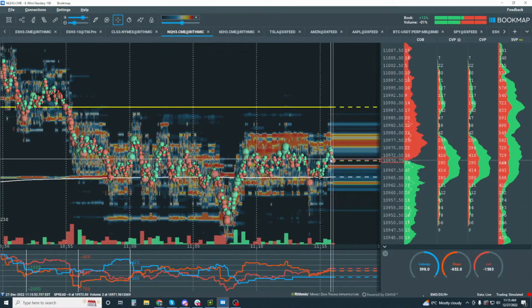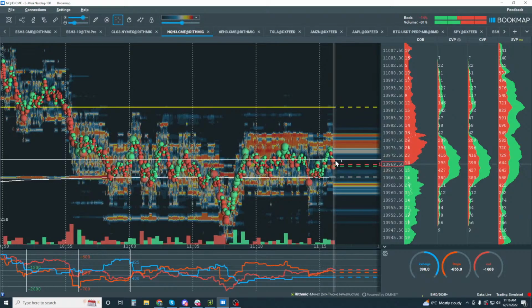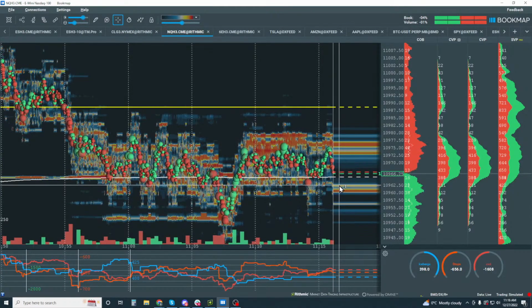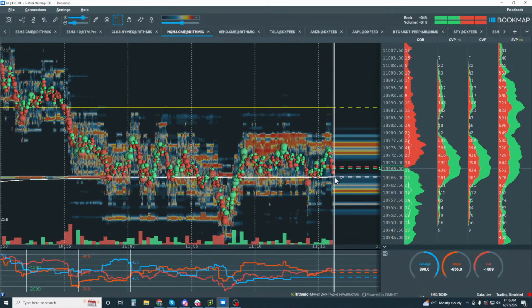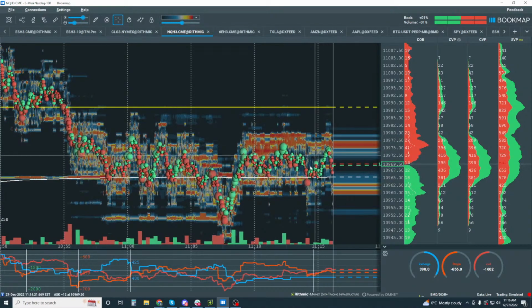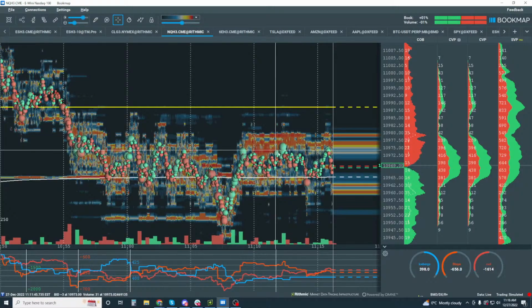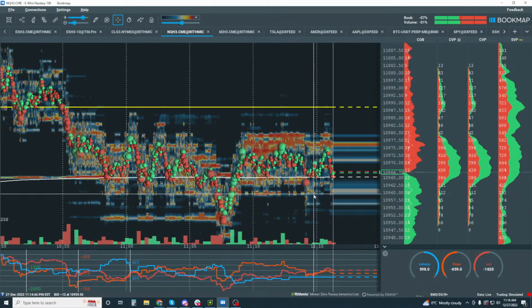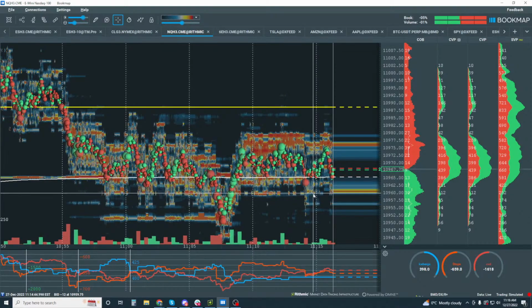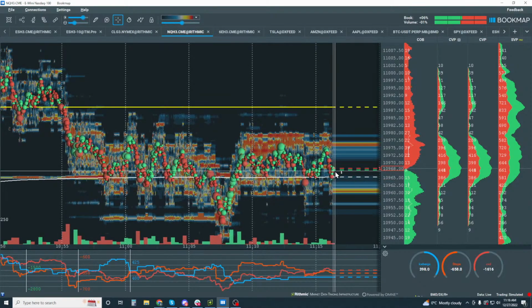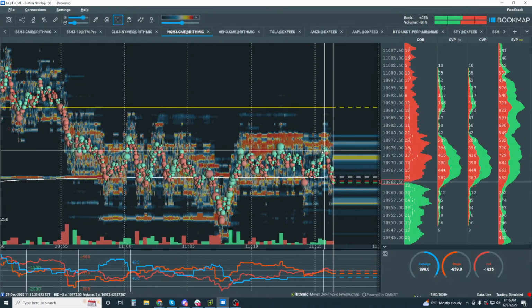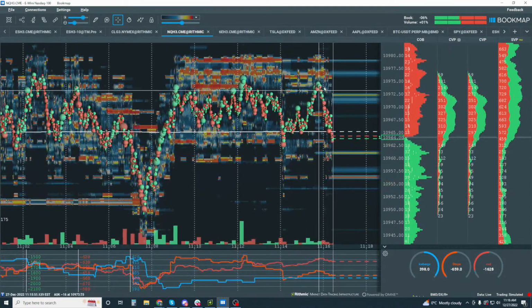NASDAQ's pulling back a little bit, but this is still in play here. God, they take it right back down. Still in play though. It's still within this range, and these are big clusters of buying up here. Let's see if this NASDAQ can get back up here.